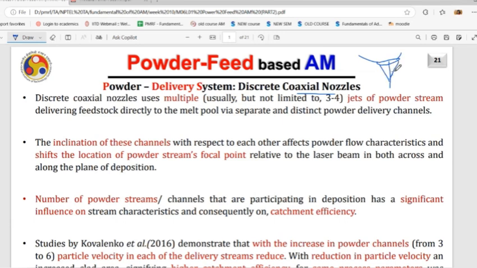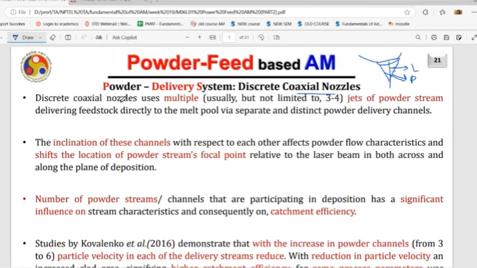These two lines are my powder, and this central line is my laser. The powder gets focused at a particular position, and at that focused point the laser also gets focused and melts the powder. When it moves along the x, y or z direction, the deposition process goes on.